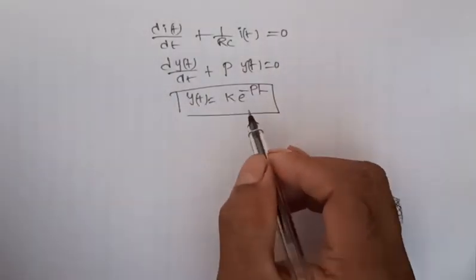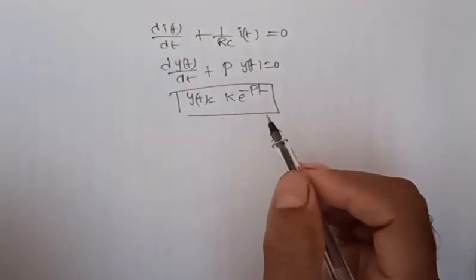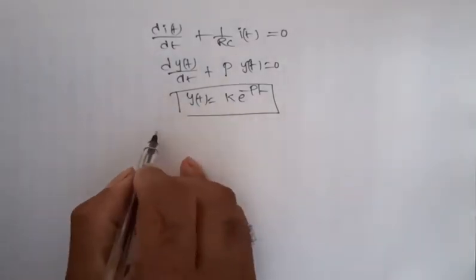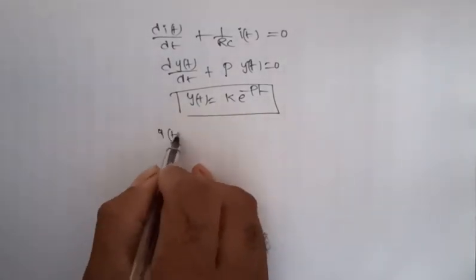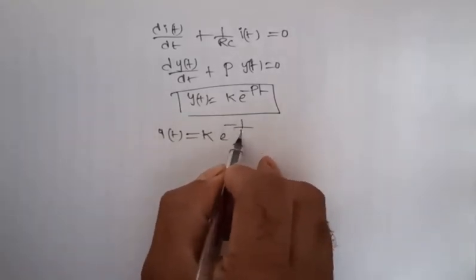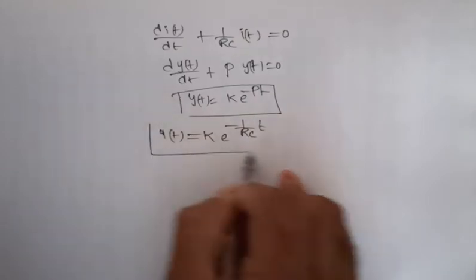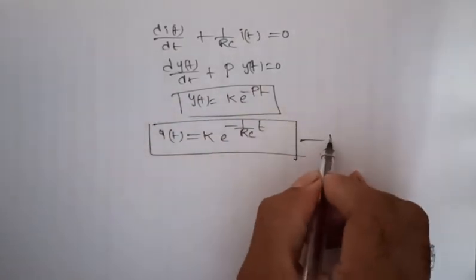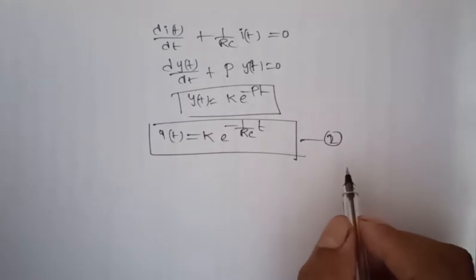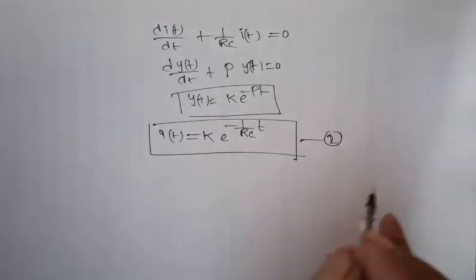So this is called a homogeneous mathematical equation. So by using this formula, we can get the solution i(t) is equal to k into e power minus 1 by RC into t. So this we can call as the current response in the series RC circuit.